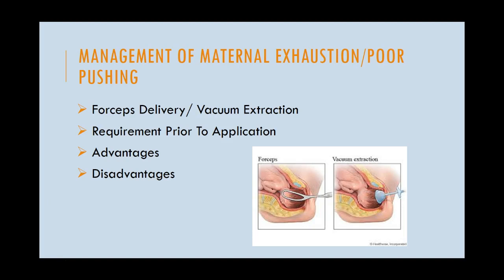So what happens is, with a contraction, as mom pushes, the physician will apply these forceps on either side of the baby's head and pull while mom pushes with her contraction. The vacuum extractor, or Kiwi, is another term for that. That's a brand name. That is a suction cup, and it's applied to the baby's head and used in very much the same way the forceps are.